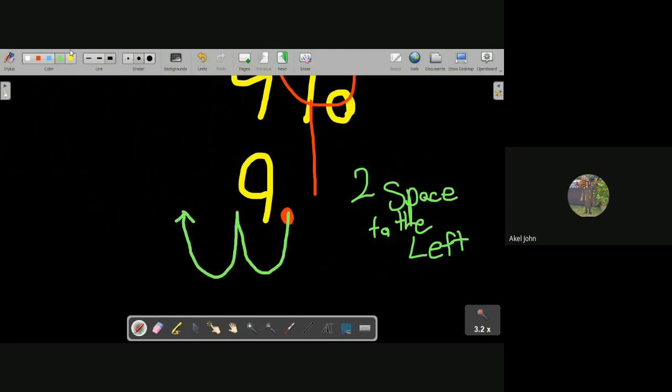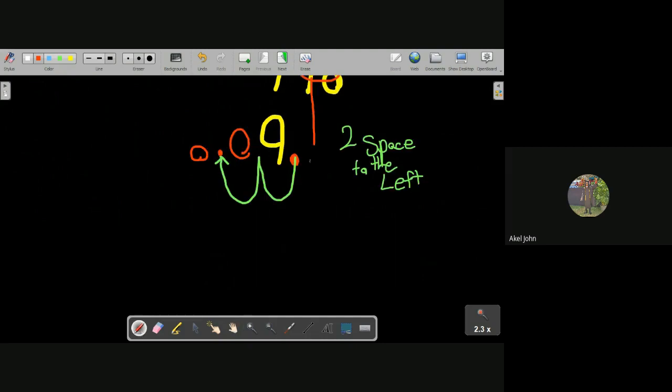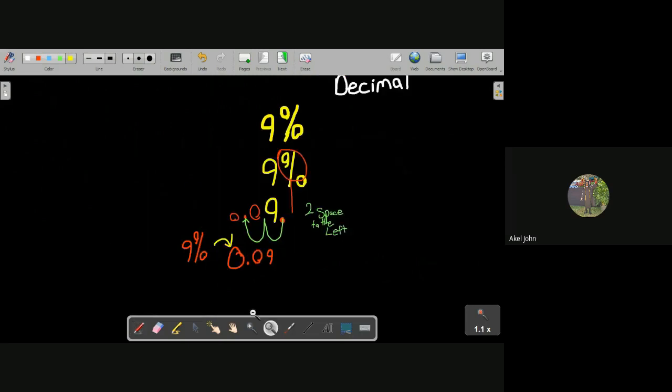Decimal point is going to come right here, 0 here, 0 there. So this is going to be 0.09. So 9% as a decimal is 0.09. Let's look at another example.